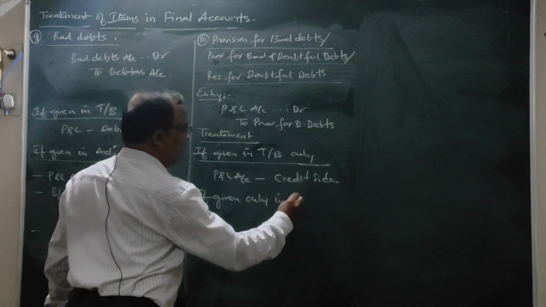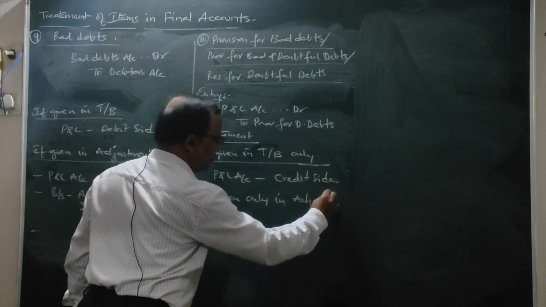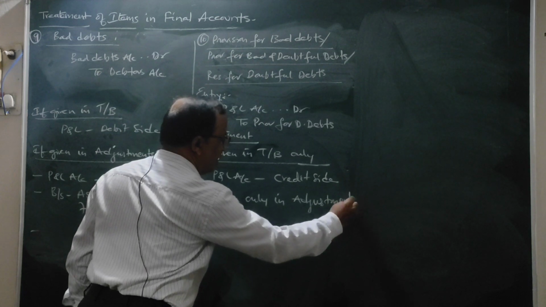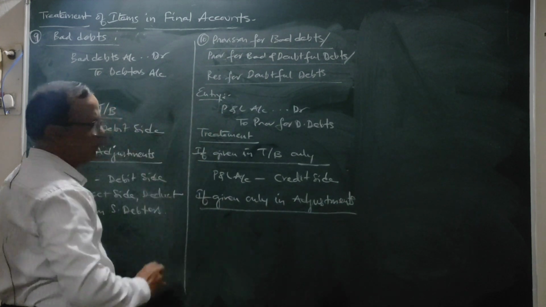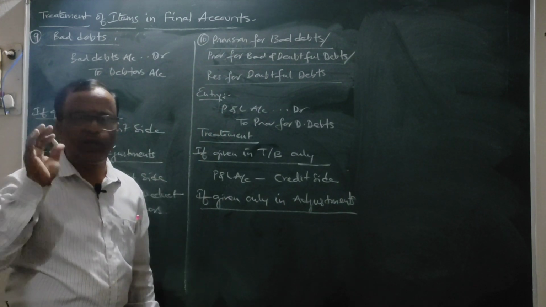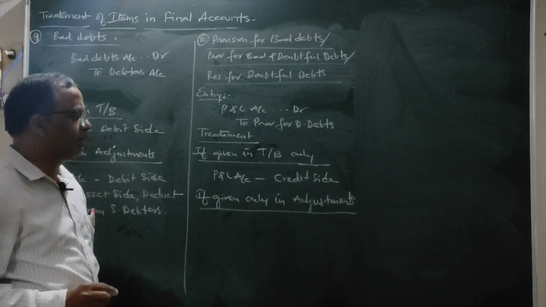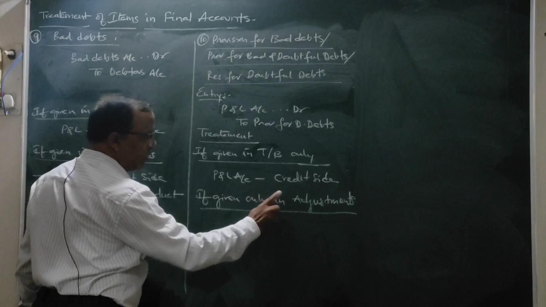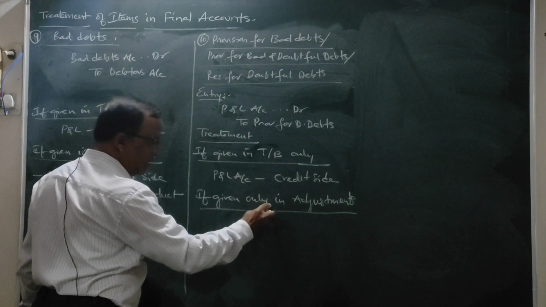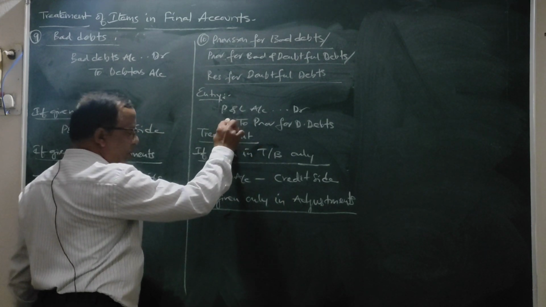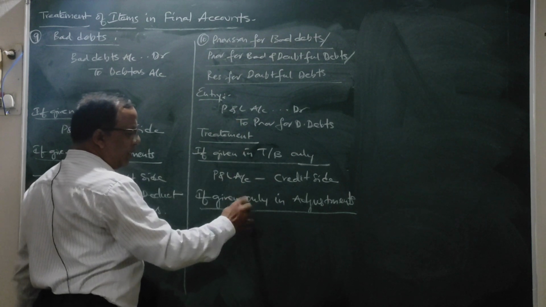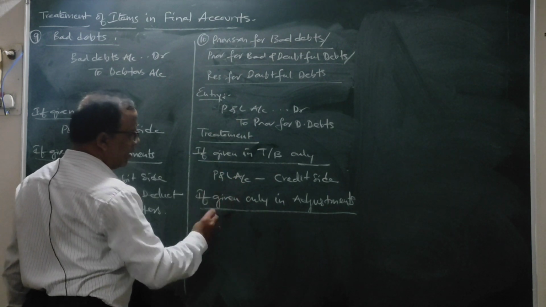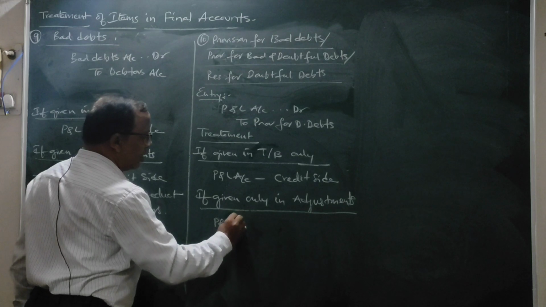See, if this provision for doubtful debts is given only in adjustments, he has not given it in the trial balance, at that time there is a twofold effect. In that case, this is the entry you are going to write for this particular adjustment, and your treatment will be profit and loss account.